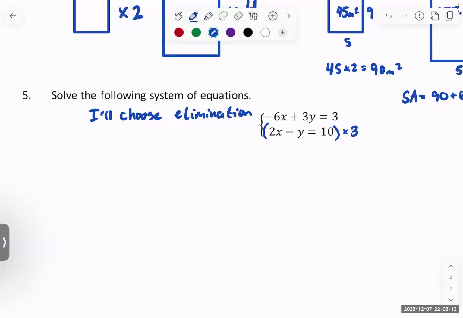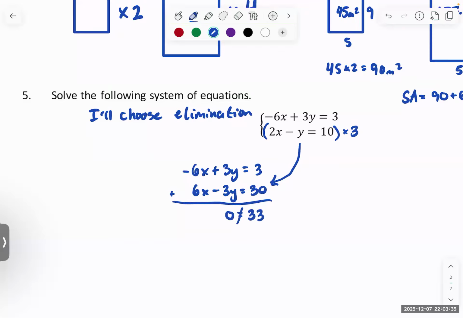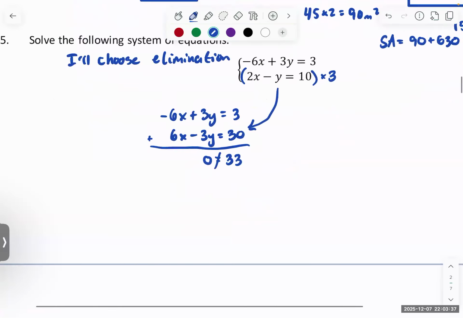So now I have negative 6x plus 3y equals 3. And then this whole thing, once I multiply everything by 3, I get 6x minus 3y equals 30. Add everything up. I notice I have 0 equals 33, but that's not true. That means that this system has no solution.